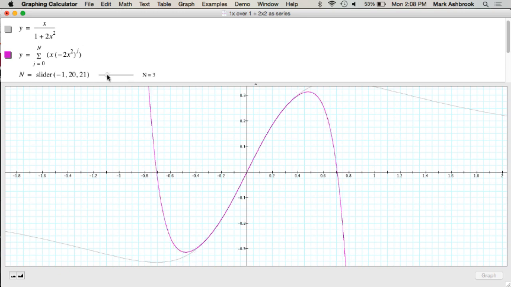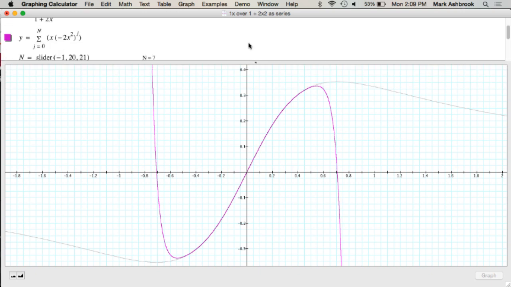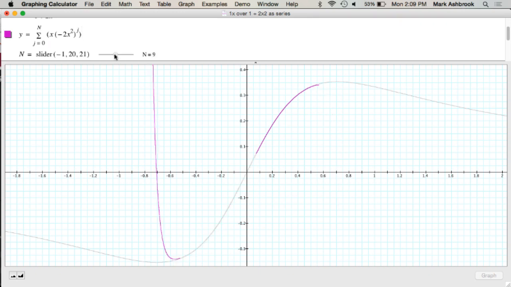And so what happens with each term that we add? You see how this thing is reproducing that function, better and better. But why isn't it approximating the function out here at 1.8 or 2?